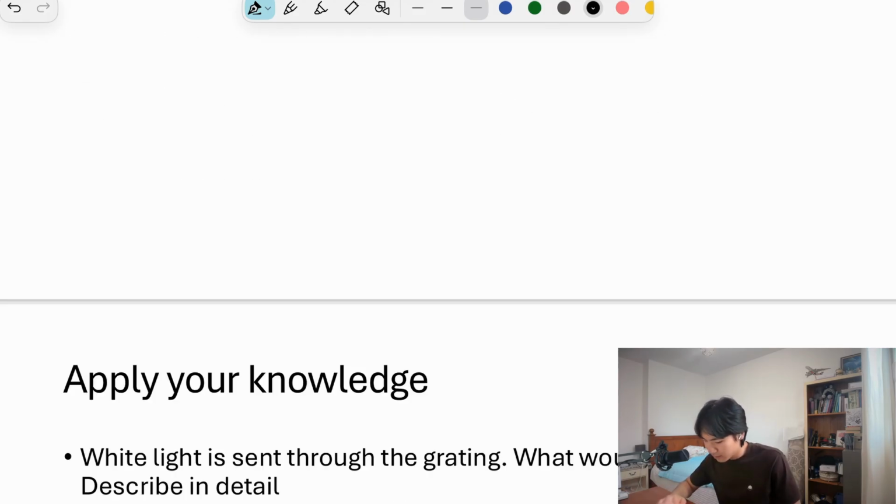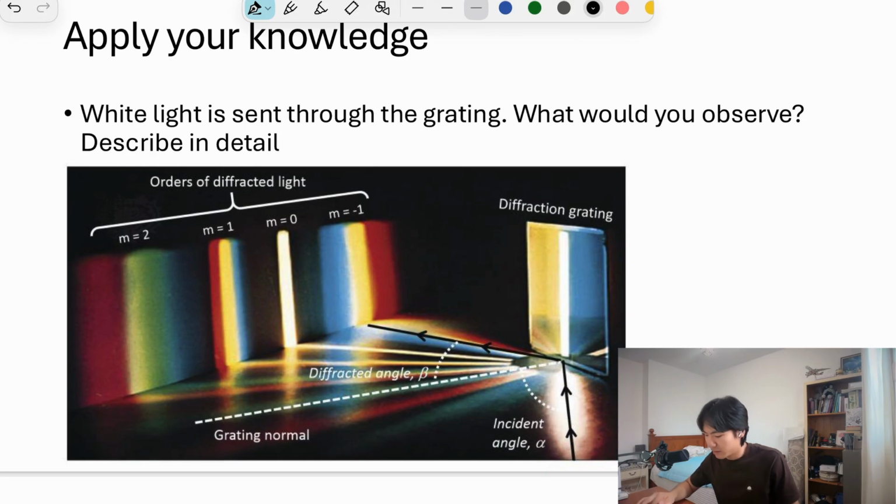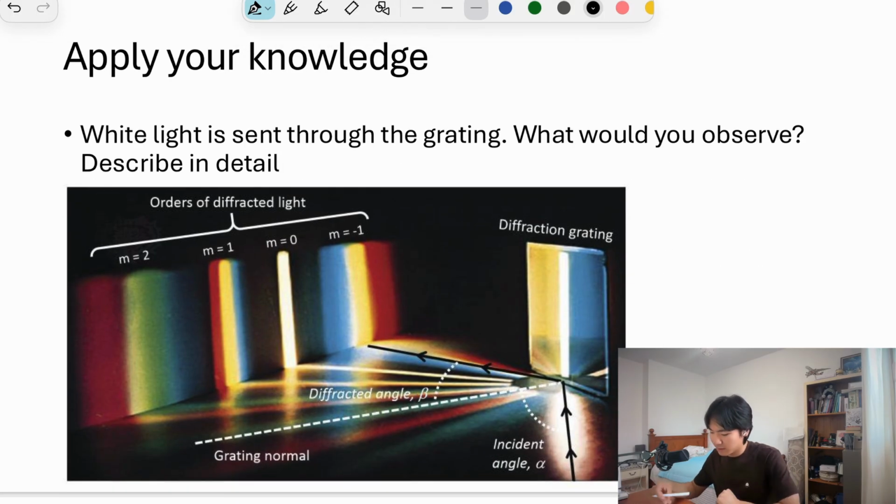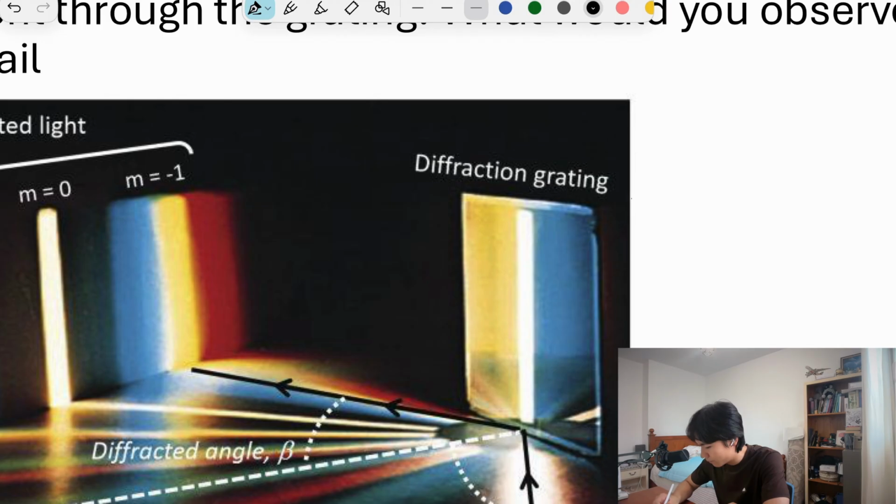And what you'll actually observe, seeing with this diagram here, is kind of what I guess Newton observed, right? That light actually diffracts. So in this case, it's a mirror grating basically, right?